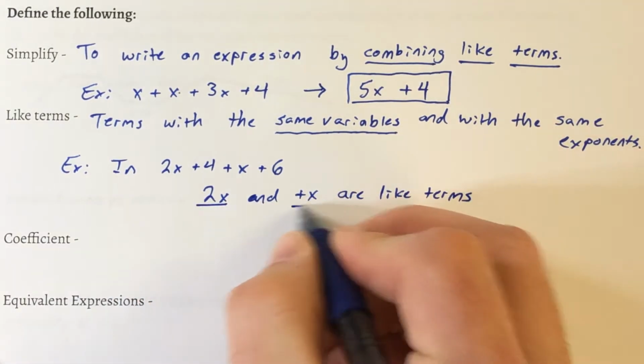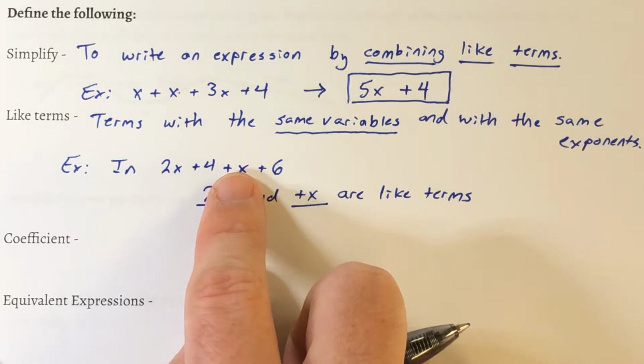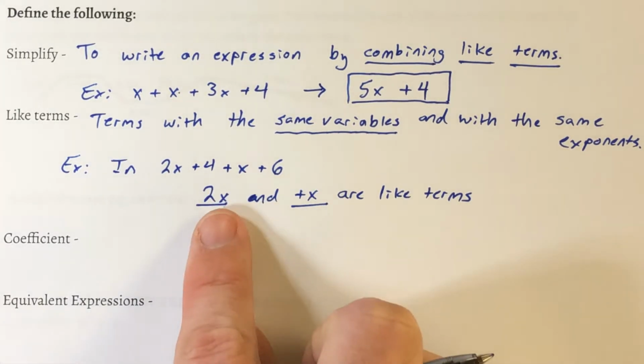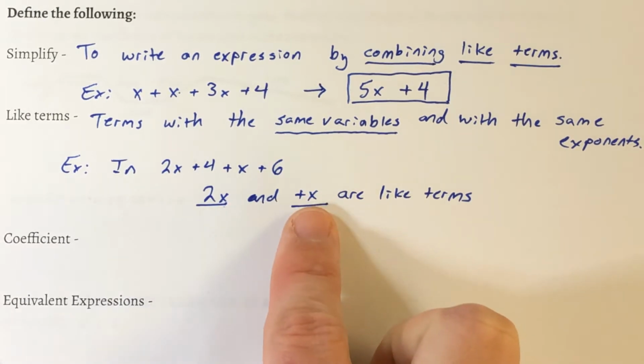It is important to include the signs in front of your numbers or variables because later on that's going to tell you if you should add or subtract them. So anyways, what does this mean? This means you can do stuff with them. You can take 2x and positive x and you could add them, you could subtract them, you can do stuff with them.